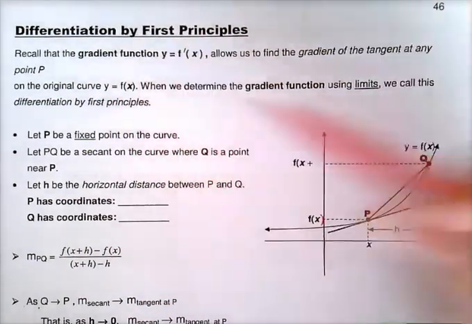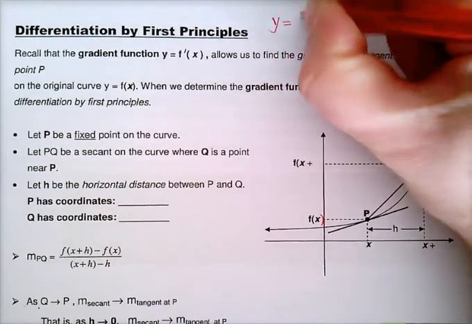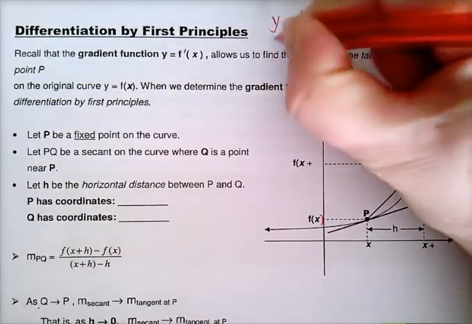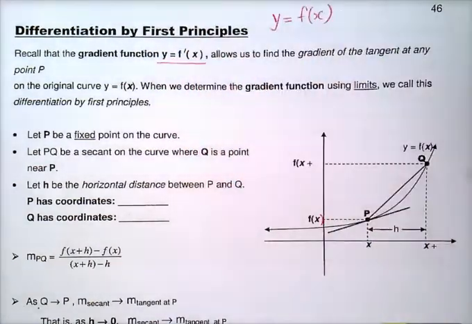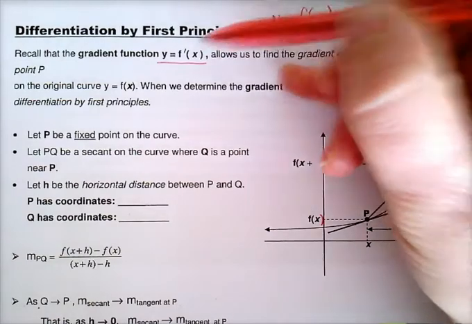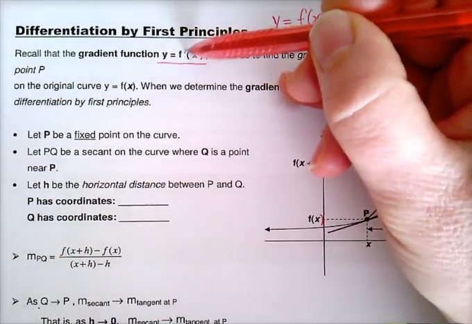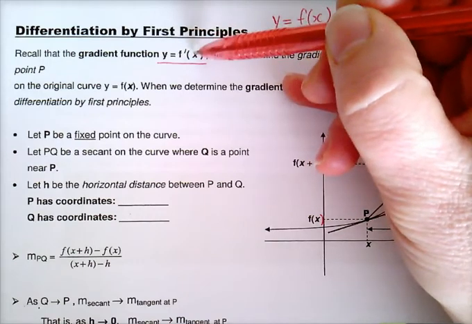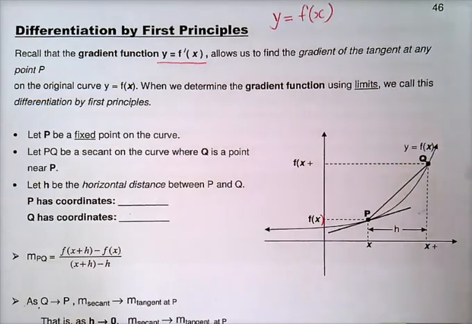The way that we write the gradient function, if we've got the normal function y equals f(x), then the gradient function is y equals f dashed x. That's the notation that allows us to know that it's the gradient function. So it's y equals f with a little dash there, x, okay? And that gives us the gradient of the tangent at point P.